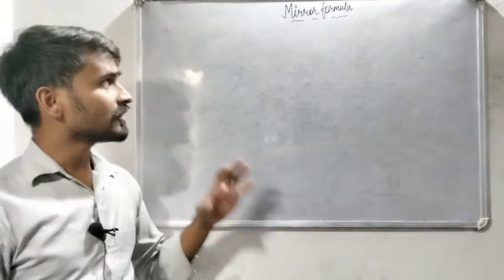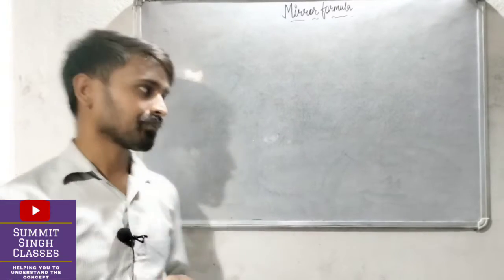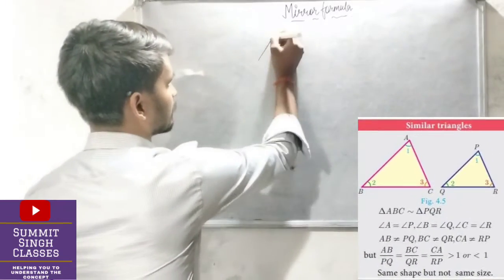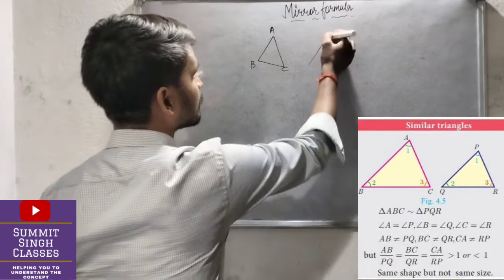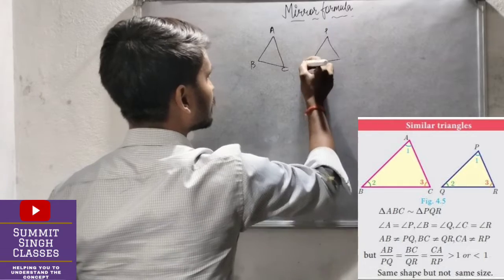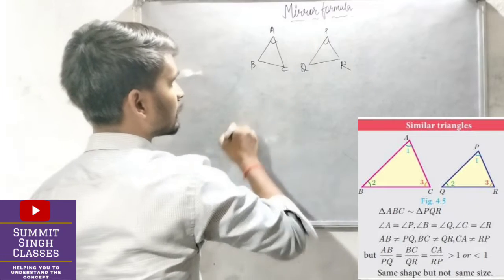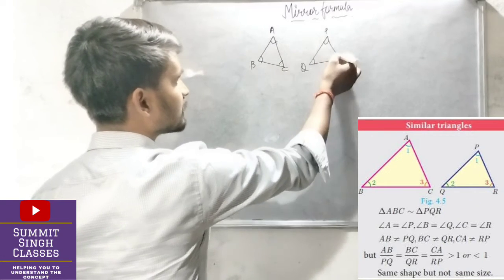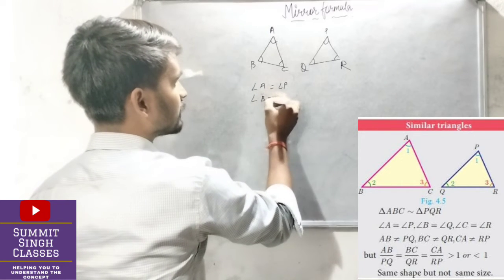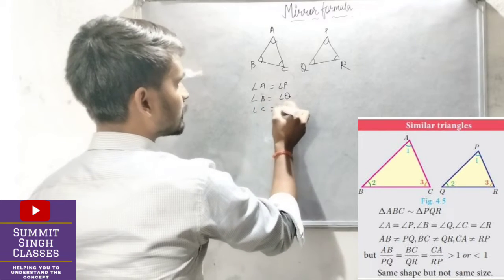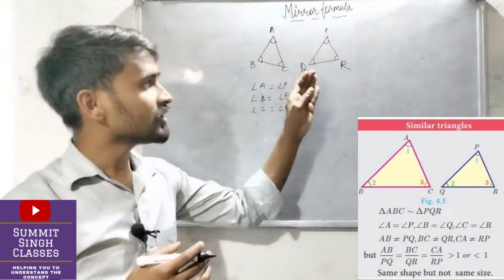To understand the derivation of the mirror formula, you should have some idea about the similarity of triangles. Let us say we have two triangles, triangle ABC and triangle PQR, and it is given that angle A is equal to angle P, angle B is equal to angle Q and angle C is equal to angle R. Then in such a case these two triangles are similar to each other.